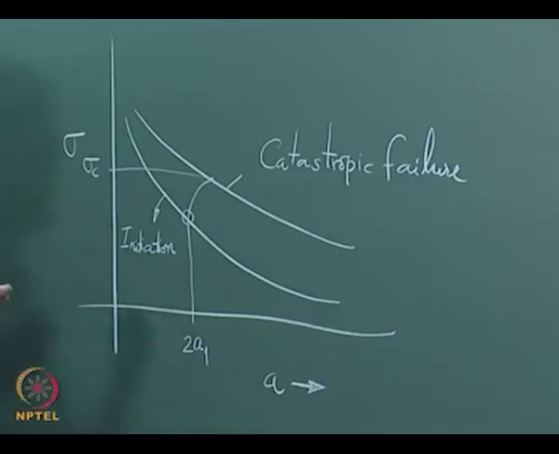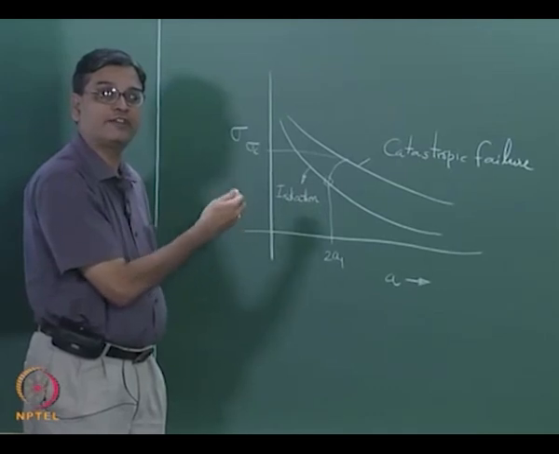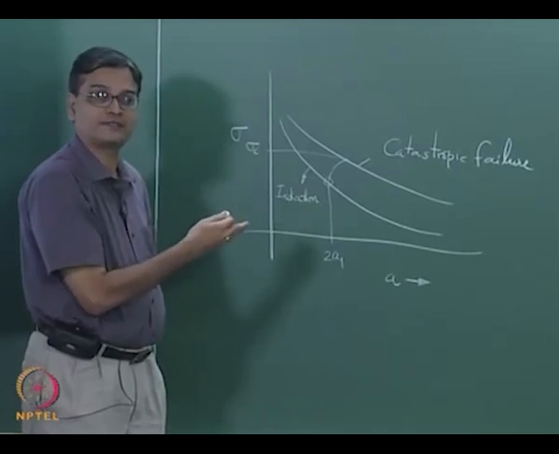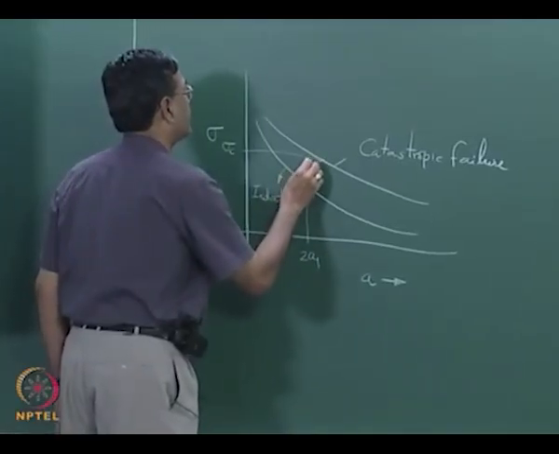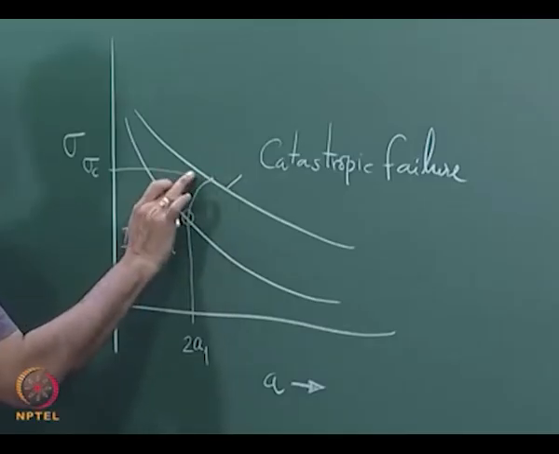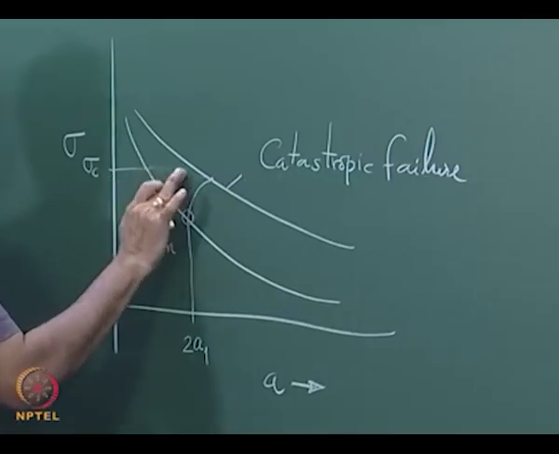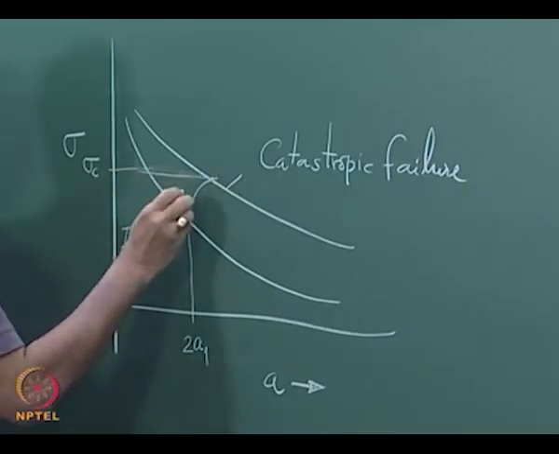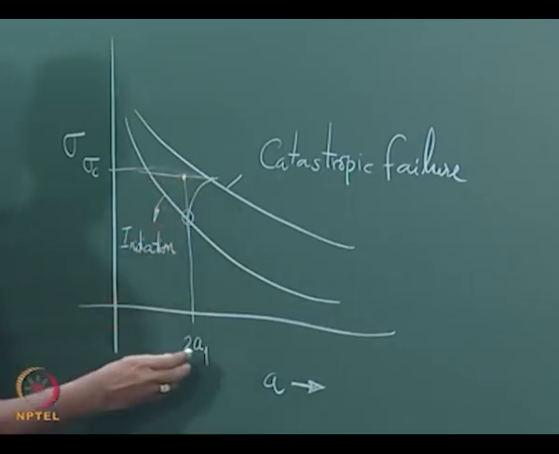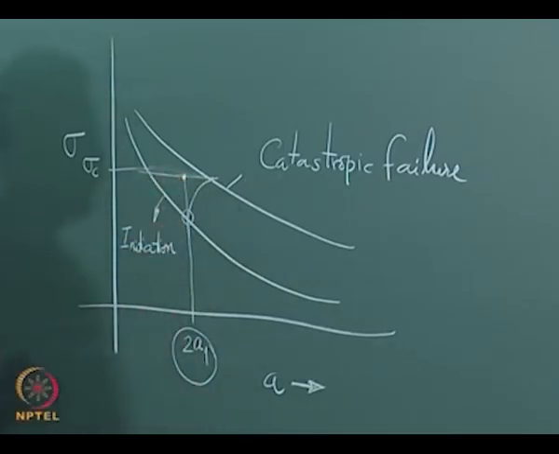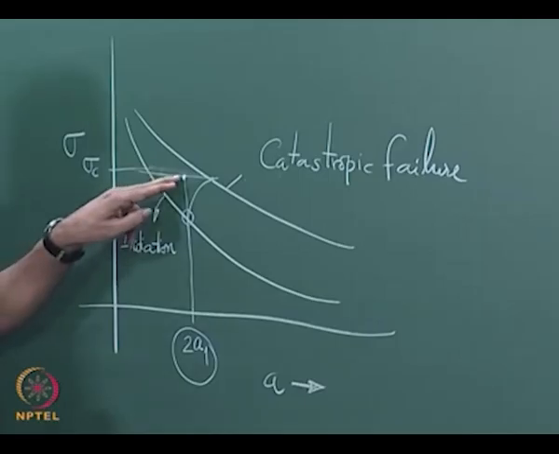From this graph, what we are trying to do is develop the concept of apparent toughness. For apparent toughness, this line is inclined, so I will write this as horizontal, and I will mark this point. For a crack length of 2a1, I have one point from this experiment which will give the apparent toughness.